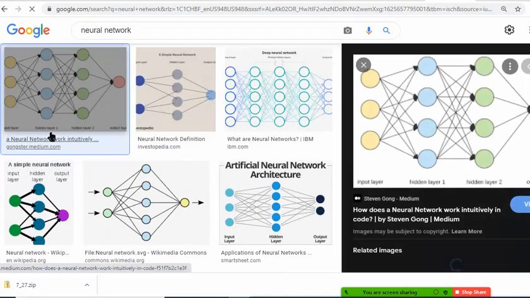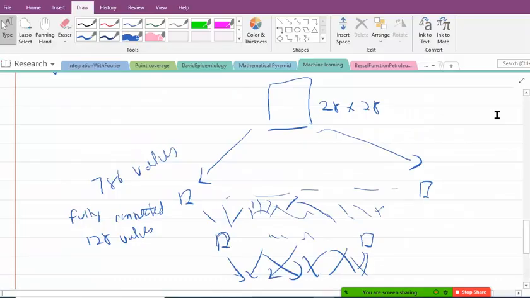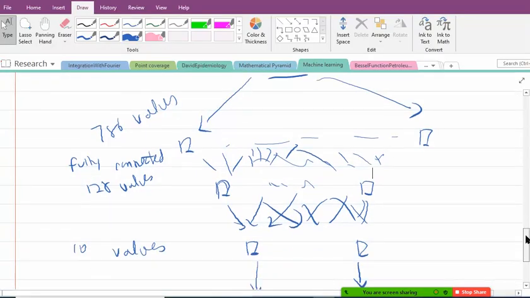Something similar to this, we do have 3 layers, although here instead of 3 we have 786, here we have 128, here we have 10, and we're not going down to one single entry. We only have 10. So this is 786, 128, and then goes down to 10. All right, good.